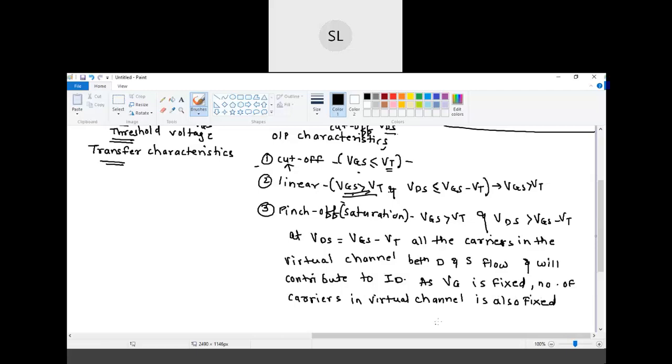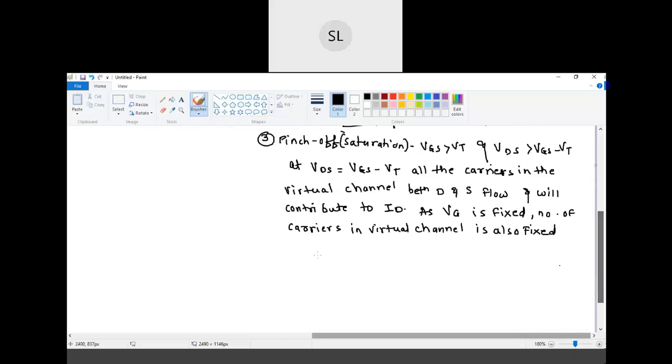It will be fixed. Therefore, the drain current will remain constant. So if you increase this VDS further, there won't be an increase in the ID.